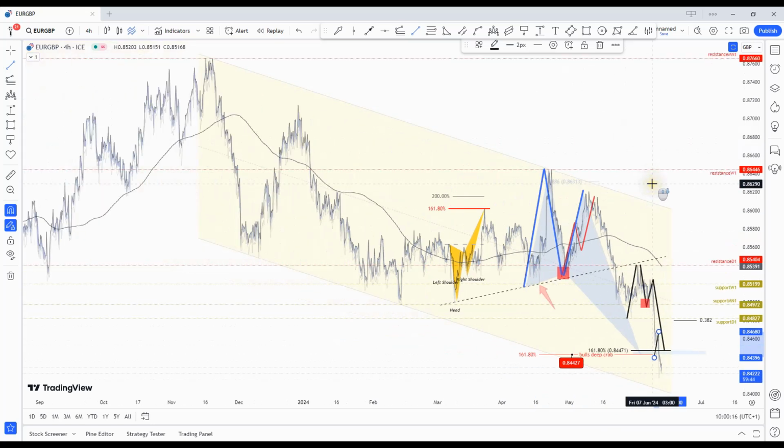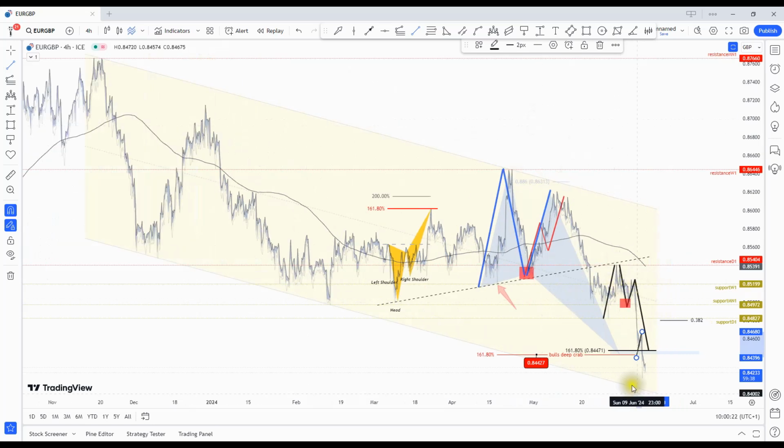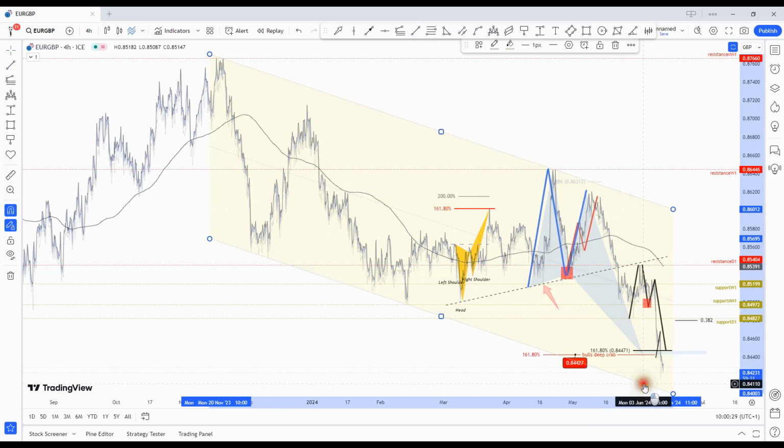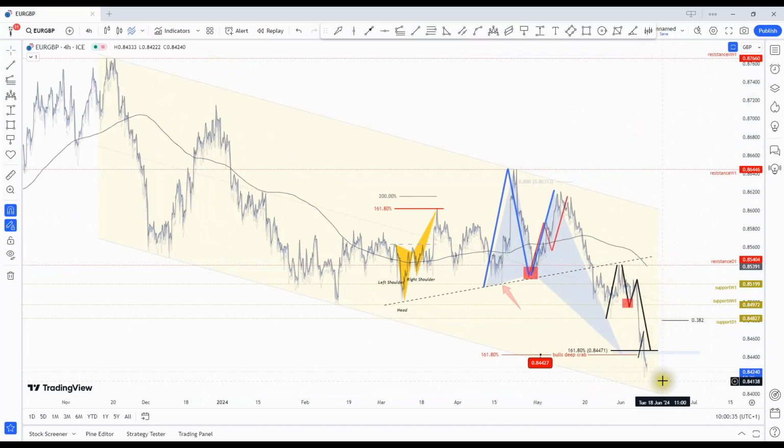As I said yesterday, those patterns, even the most perfect ones, sometimes will fail. And as I said yesterday, there's also the possibility to come and reinforce this channel support level again. I was expecting a bounce and then later that reinforcement, but it looks like it goes directly to the support level of this channel.